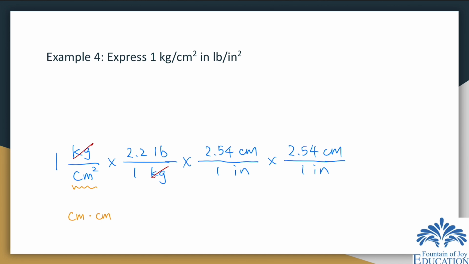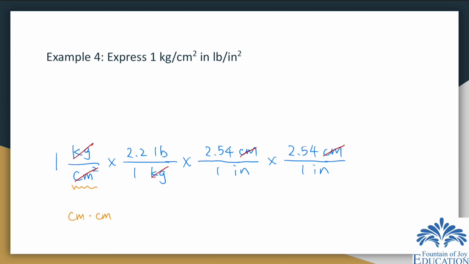The reason we do this is now we can cancel the 2 centimeters with the square centimeter, leaving us with 2 inches multiplying together, or square inch.